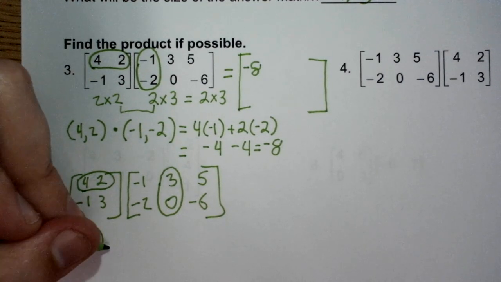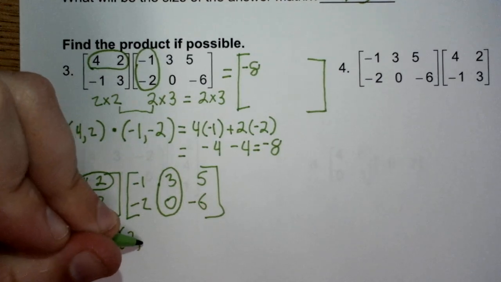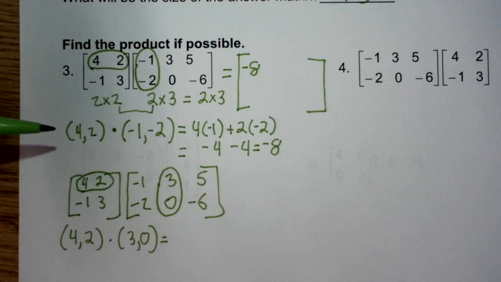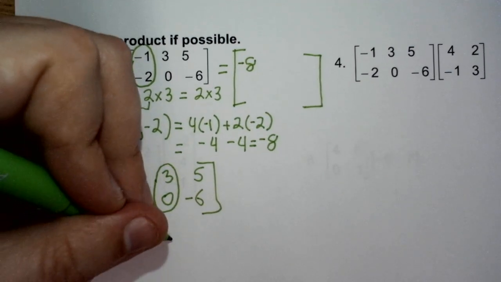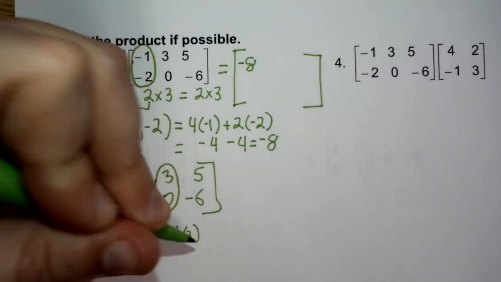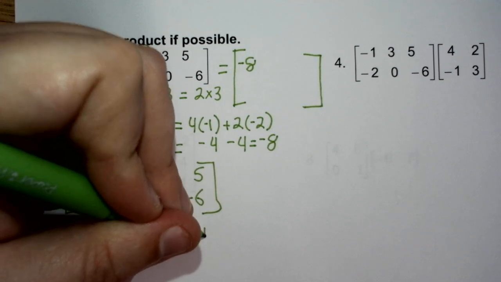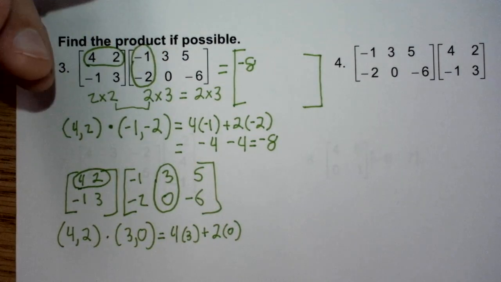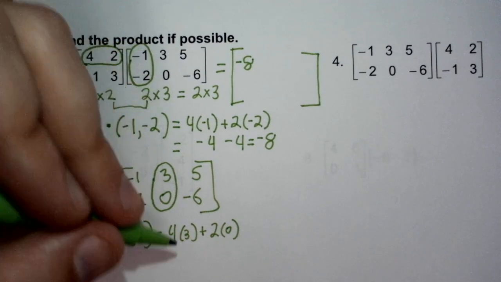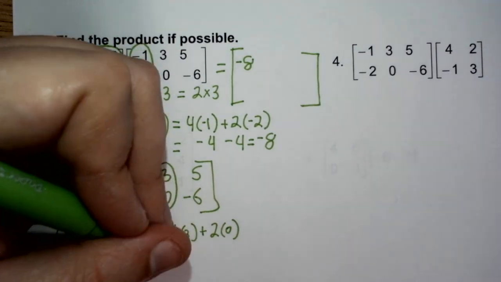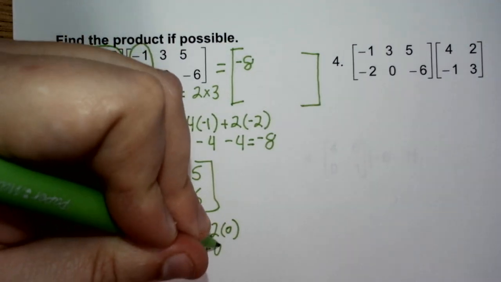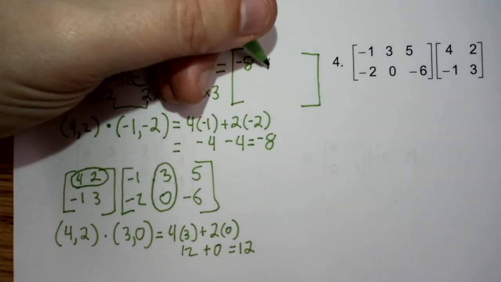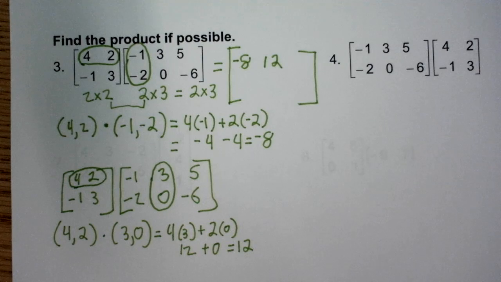It's going to be multiplied by a 3 and a 0. So I'm multiplying that out. Again, I do 4 times 3. Then we're going to add that to 2 times 0. That just gives us 12 plus 0, which equals 12. So that's going to be my second number there.